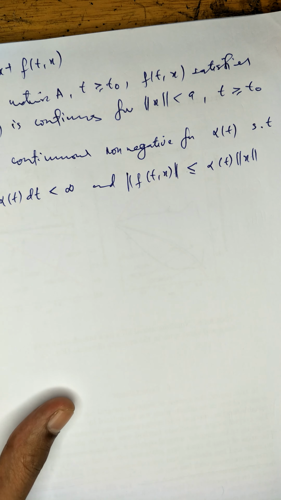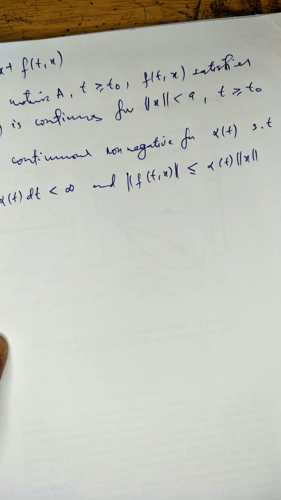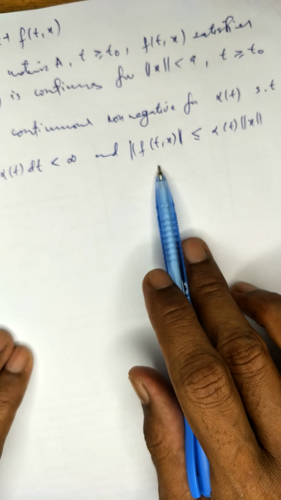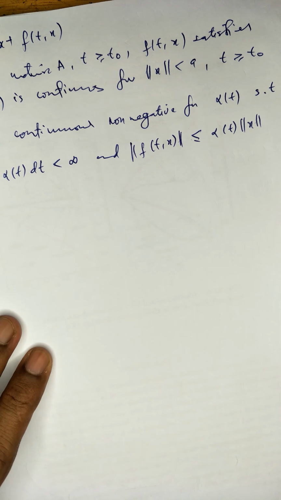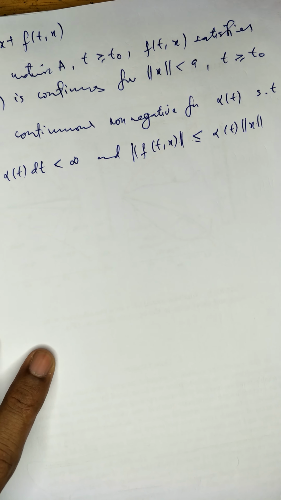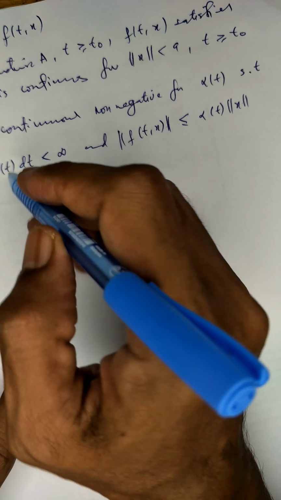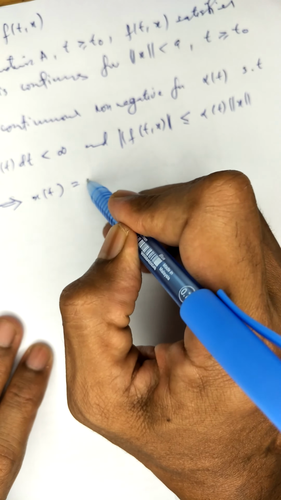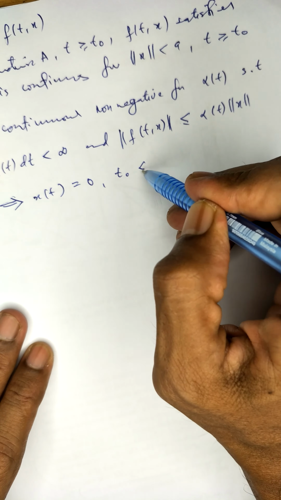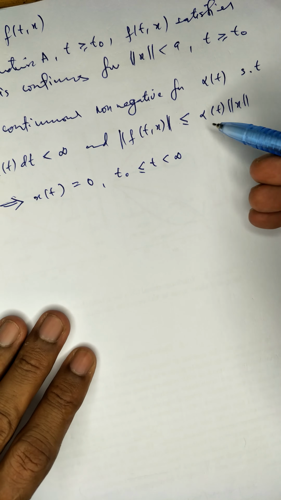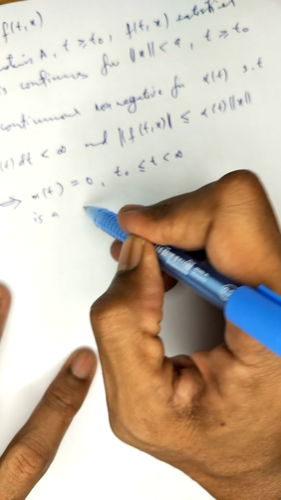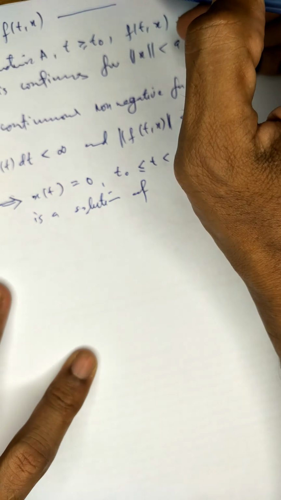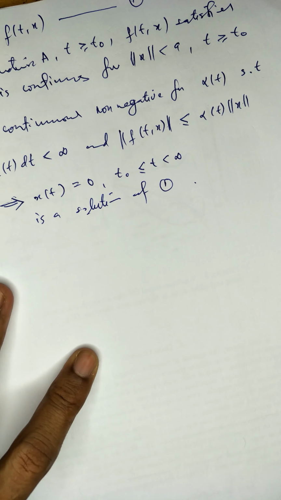Okay, and this condition implies that x(t) equal to 0 for t naught to infinity is a solution of, let's call this 1, solution of 1.